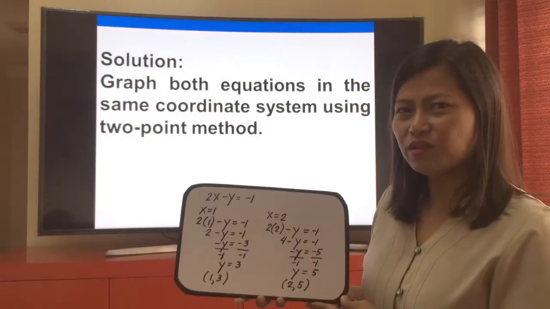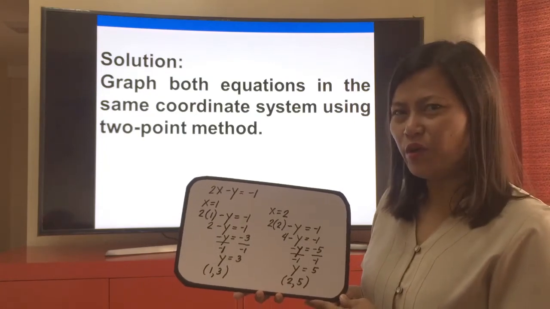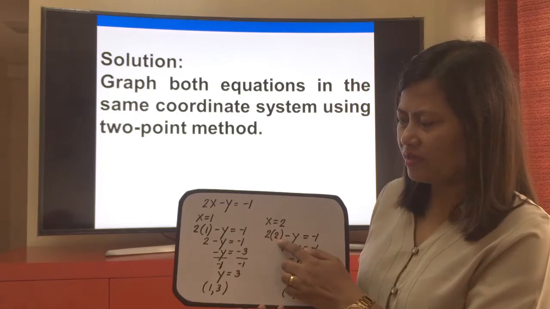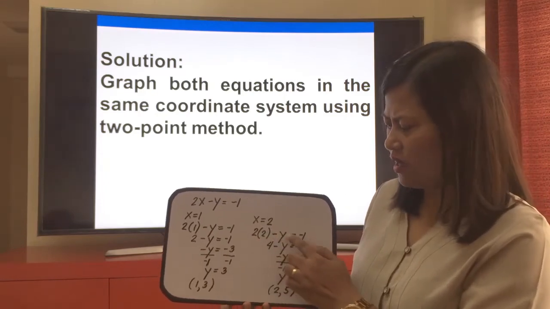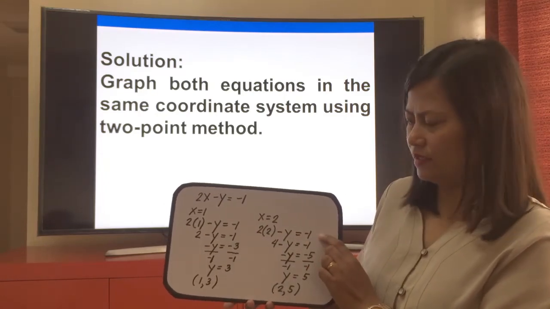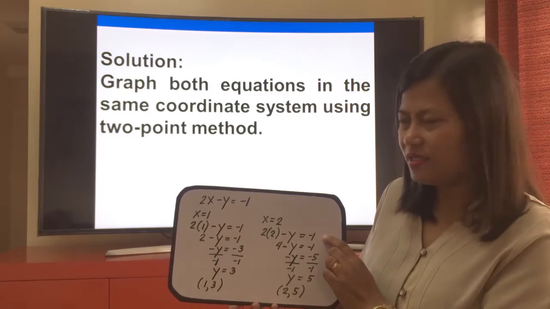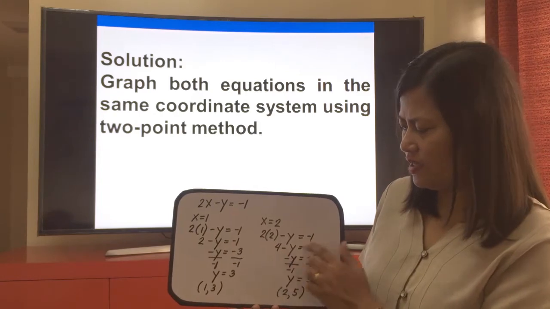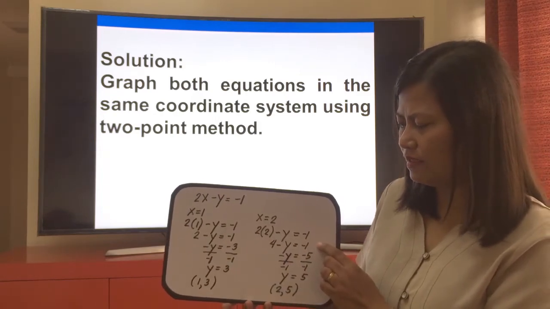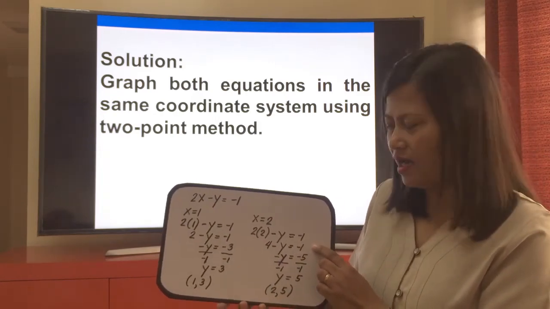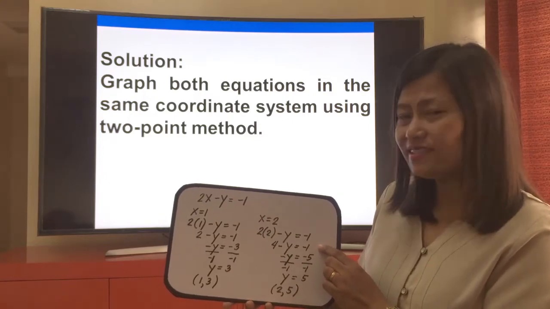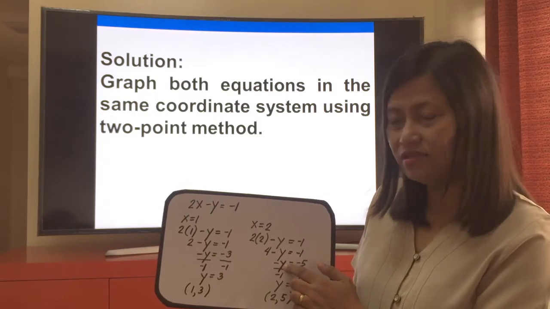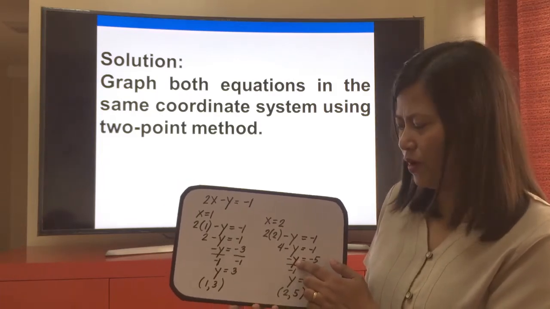When x is equal to 2, what is the value of y? So 2, again our x is 2, minus y is equal to negative 1. 2 times 2 is 4. Copy, minus y is equal to negative 1. Then, we will add negative 4 to both sides of the equation, so that on this side, we only have negative y.